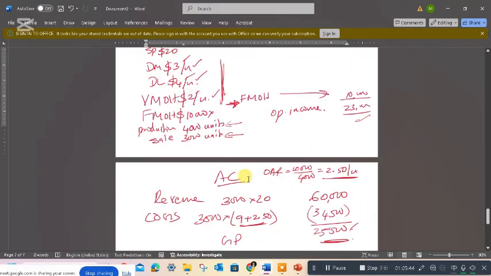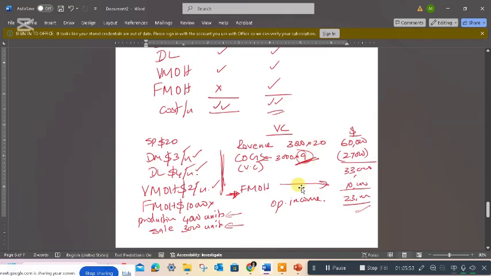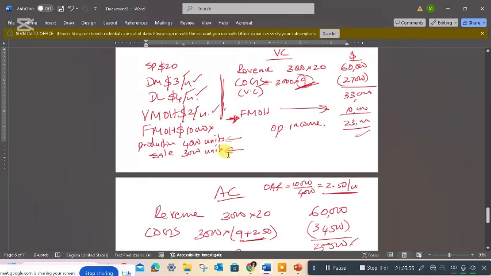Once again, I explained the fundamental difference between variable costing and absorption costing. Then I showed you how the profit statements are going to differ. Main difference is in cost of goods sold. In variable costing, cost of goods sold doesn't include fixed manufacturing cost, but it takes fixed manufacturing cost as a separate item which is not connected to units.